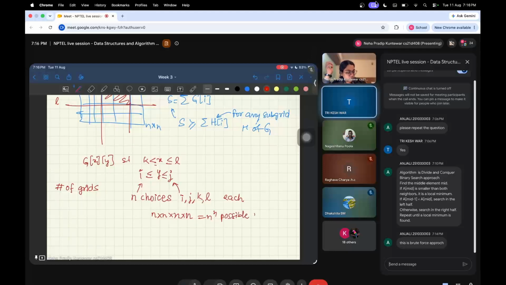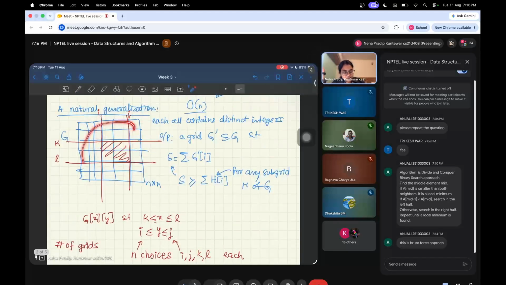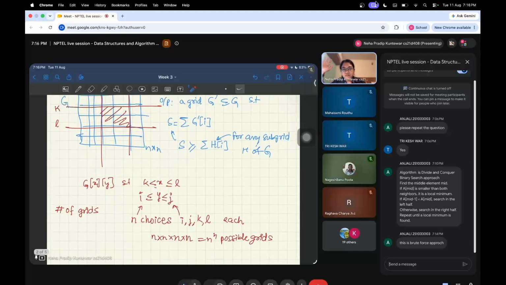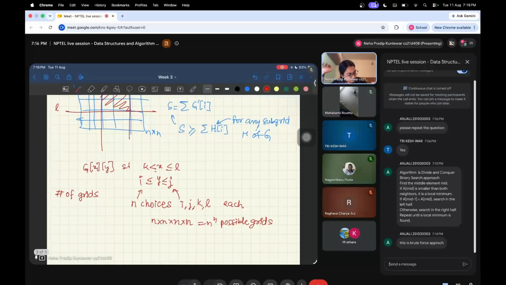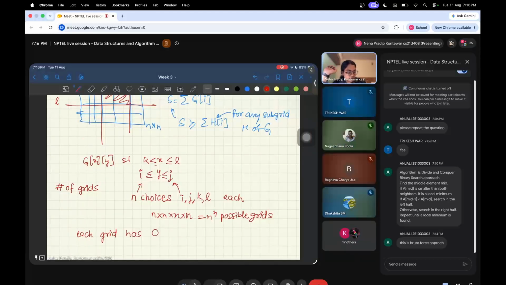Now once you have a grid, you're going to sum up all the entries inside it. So how much time can that take in the worst case? You have n square elements here, right? It's an n cross n matrix. Let's upper bound it: each grid has order n square elements.